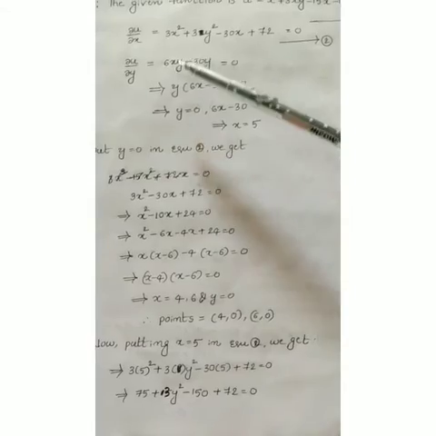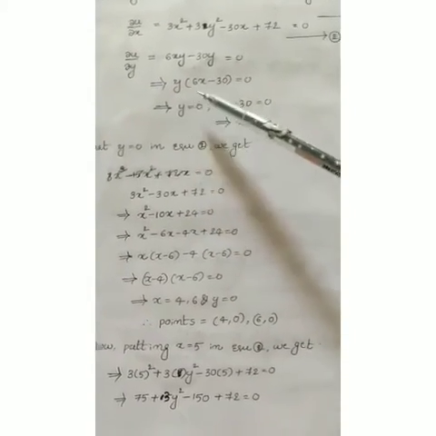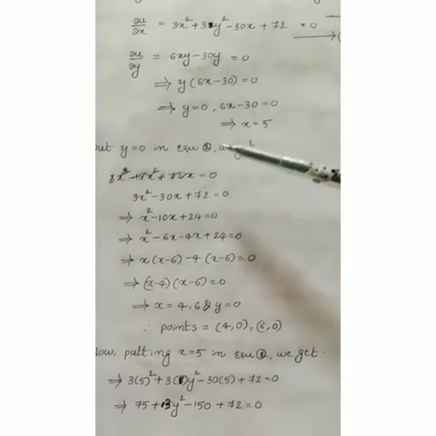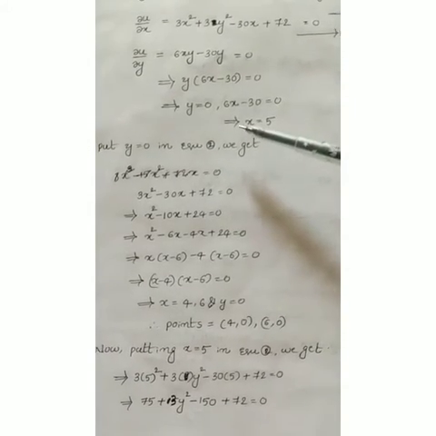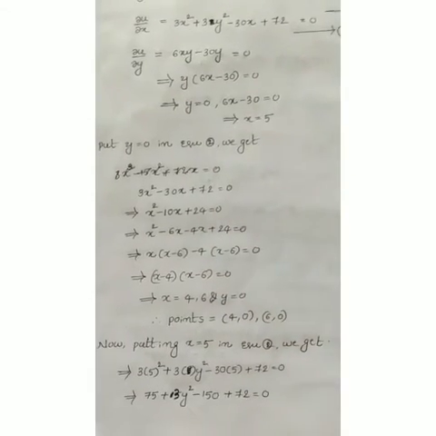Here taking y as common, y into 6x minus 30 equal to 0, that implies either y equal to 0 or 6x minus 30 equal to 0. Then 6x equal to 30, then x equal to 30 by 6, that is 5. So here we get x equal to 5 and y equal to 0.